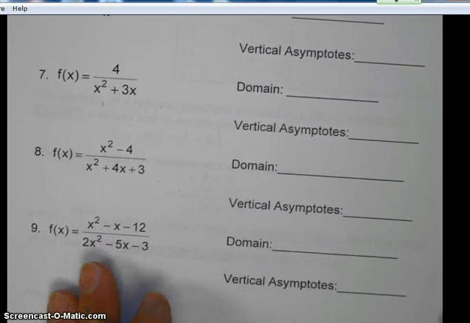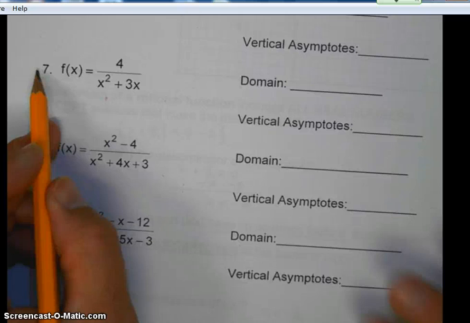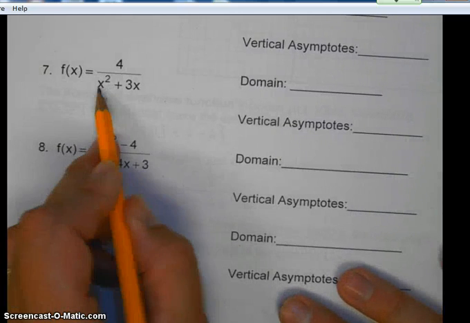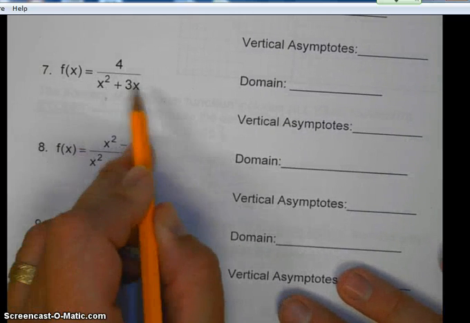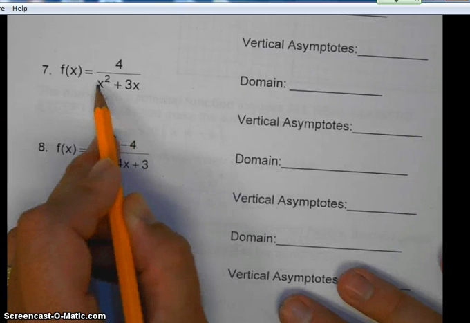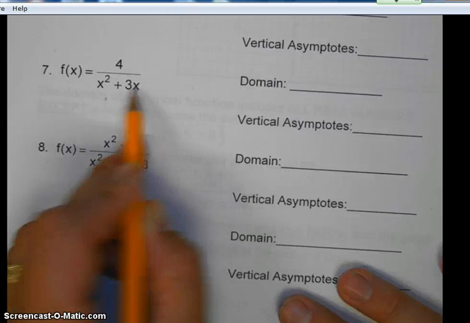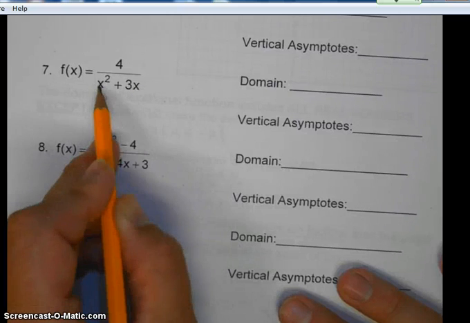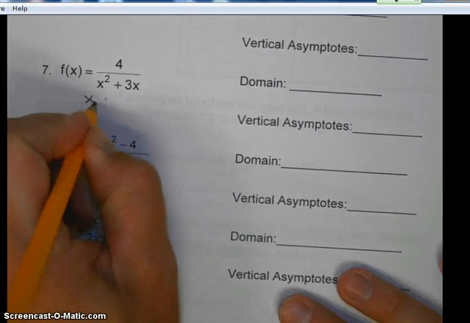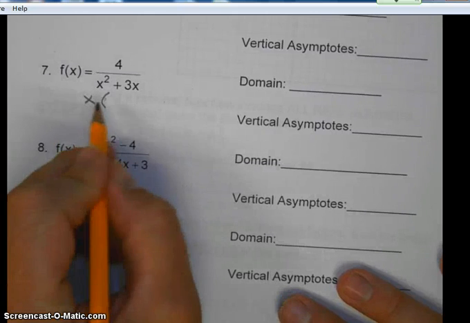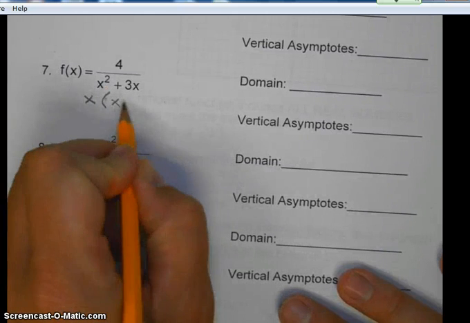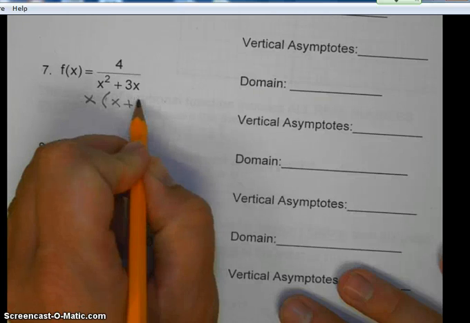Now let's go down here to number 7. Let's review on these problems here. You're going to want to factor it. Remember to factor, you look to see if you can factor out a common factor. Notice that both of them have an x, so we can factor out an x. So we end up with x times (x + 3).